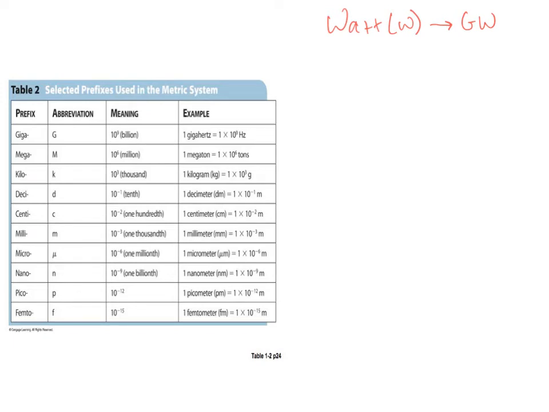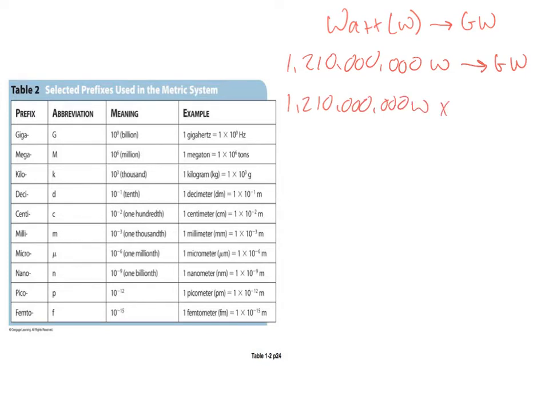For instance, if we have a value of 1,210,000,000 watts, and we want to convert that over to gigawatts, we set up our conversion, and we see that our multiplier for giga and our conversion is going to be 10 to the 9th. This means that there are 10 to the 9th watts in every 1 gigawatt.